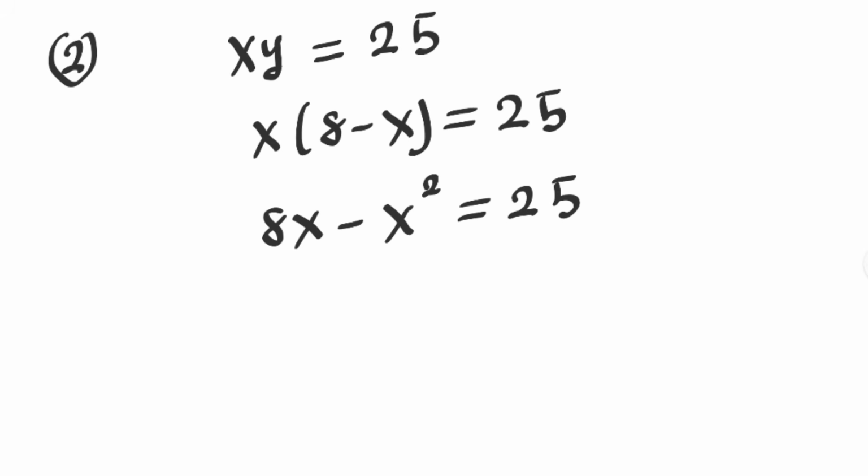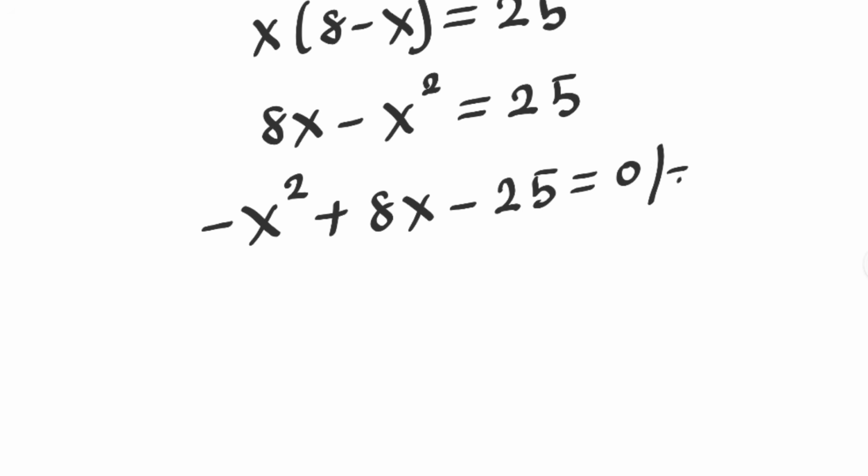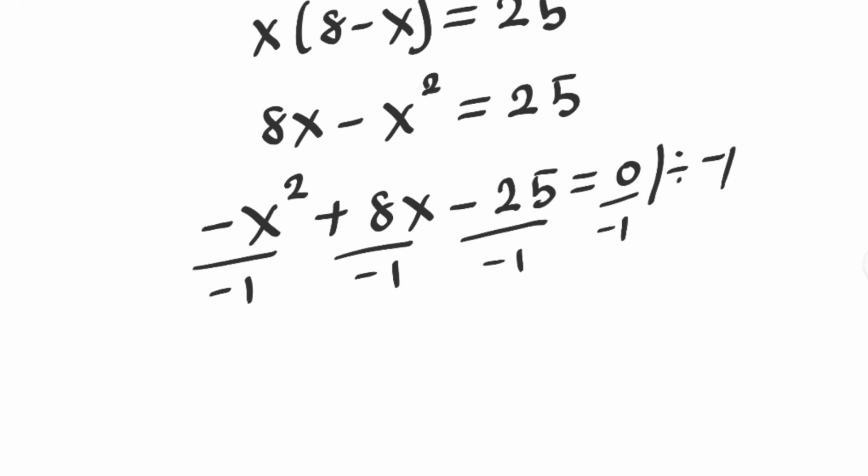This can be written as minus x square plus 8x. If you bring this 25 to this side, it becomes minus 25 is equal to 0. Let us divide the whole of this equation by -1. This divided by -1, this divided by -1, this divided by -1, and this 0 divided by -1.